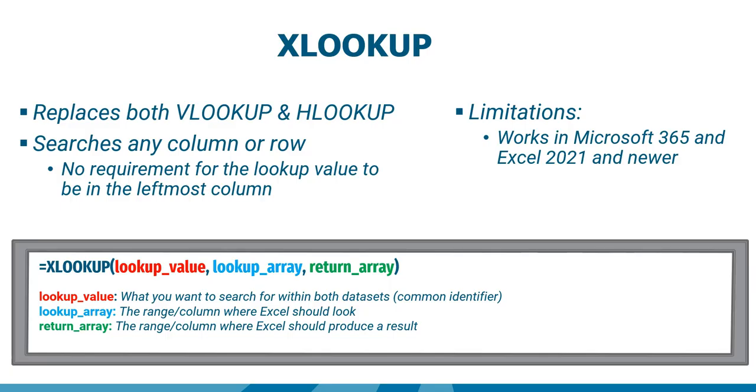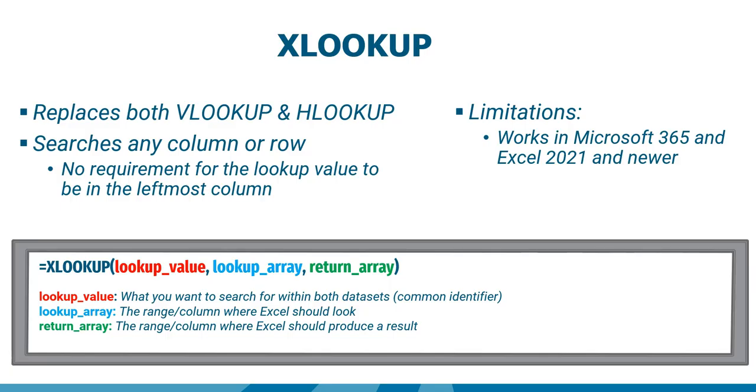The XLOOKUP formula only has 3 required elements. Let's break them down. The first element is the lookup value. Same as the VLOOKUP, this is the value you want to search for. It must exist in both data sets and serves as a common identifier. The lookup array is the range where Excel will look for that lookup value.